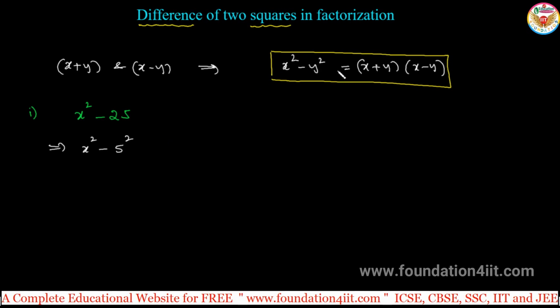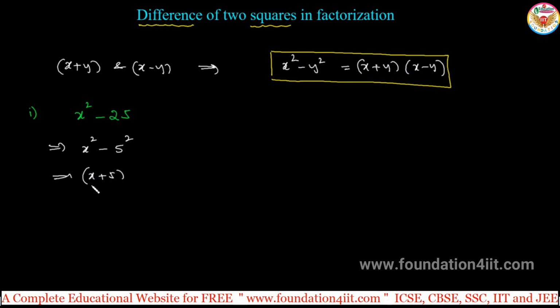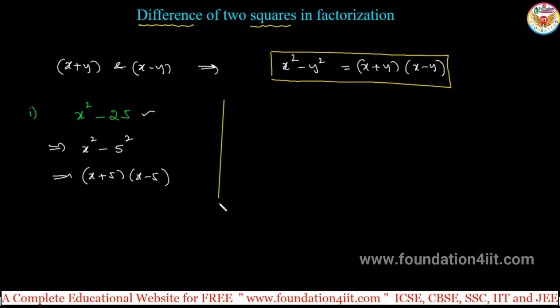X square minus y square is x plus y into x minus y, first term plus second one into first one minus second one. So that means x plus 5 into x minus 5. So x square minus 25 is the product of x plus 5 into x minus 5. Right? And see one more.